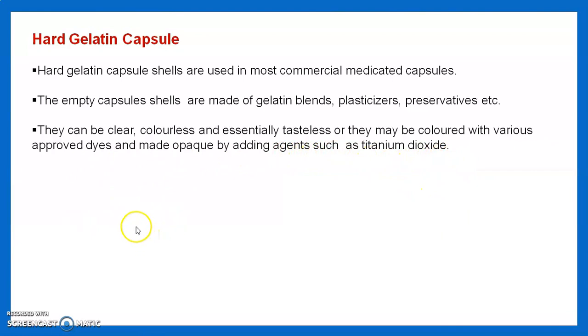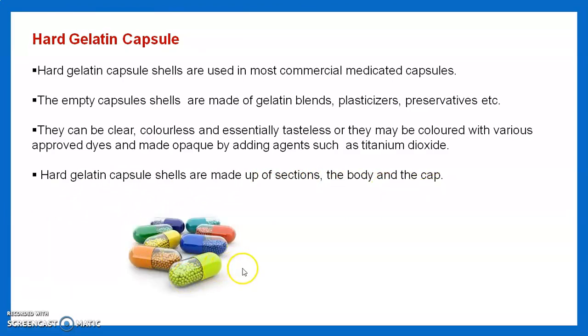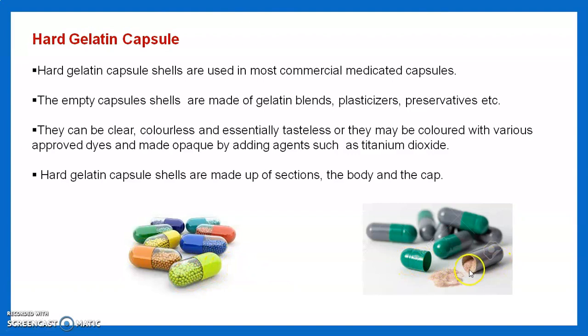Titanium dioxide is used to make our capsule opaque. The hard gelatin capsule shell is made up of two sections, cap and body. This is the body, this is the cap.